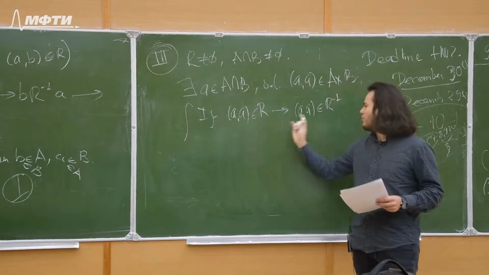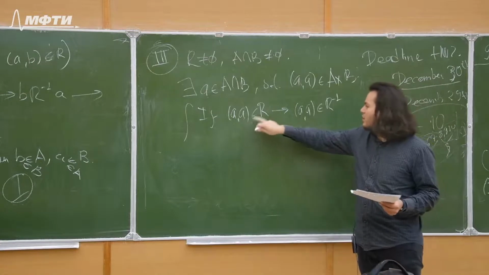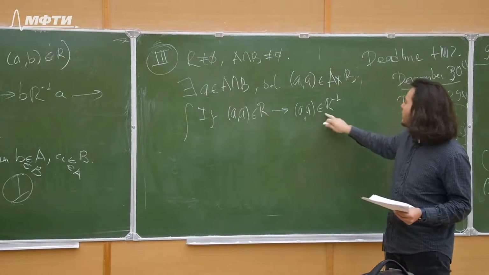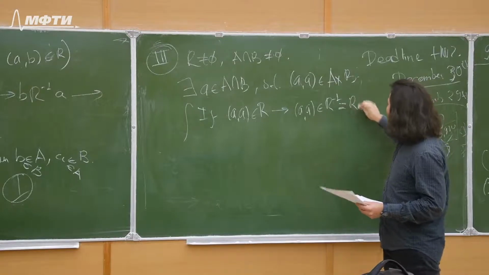We are changing the order here, and it doesn't change anything. So (a, a) is in R, which means (a, a) is in R⁻¹. And we are assuming that this is equal to the complement of R.